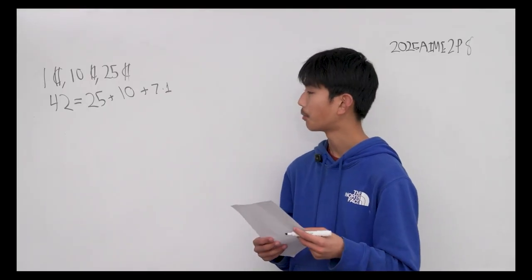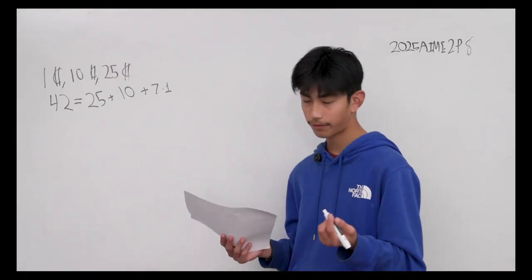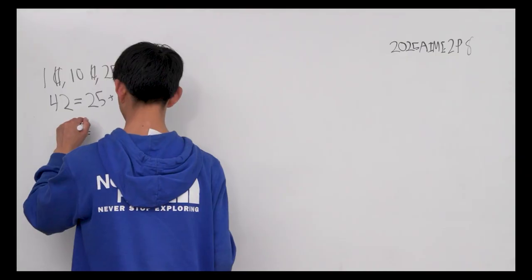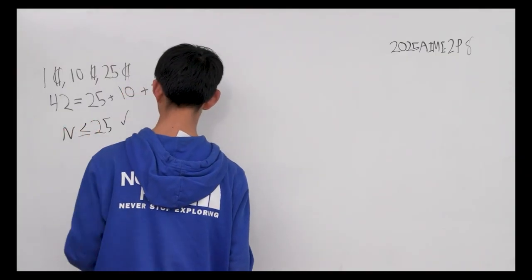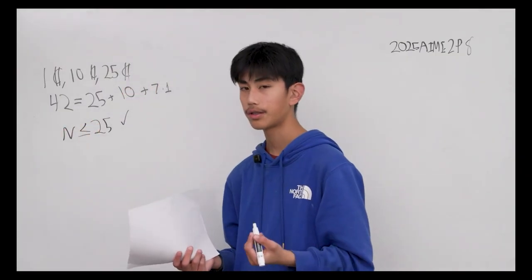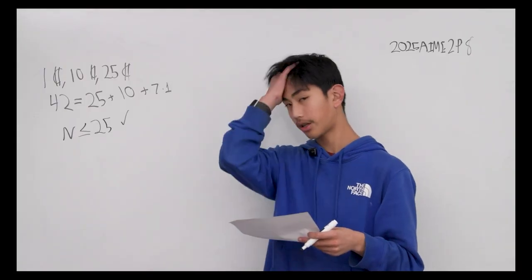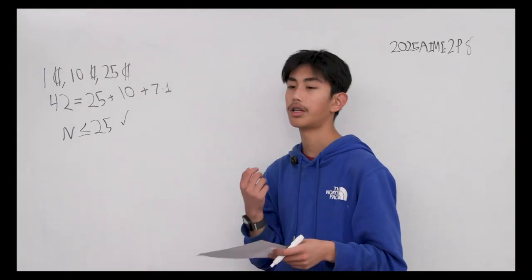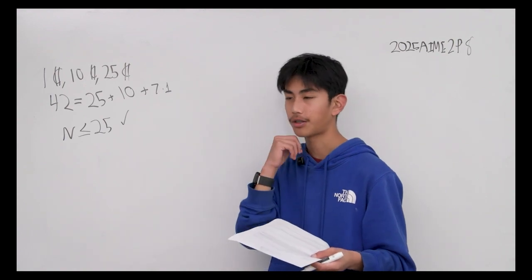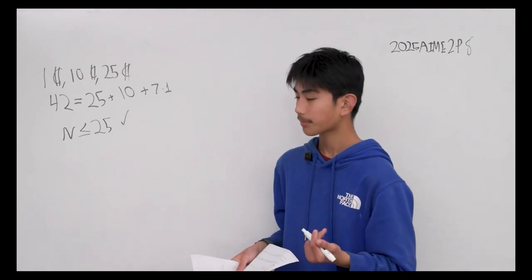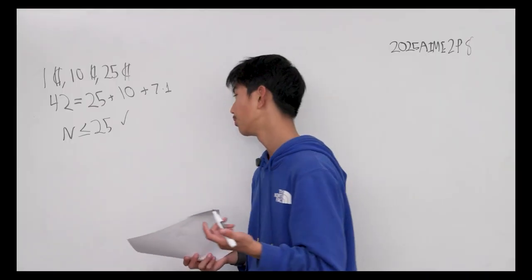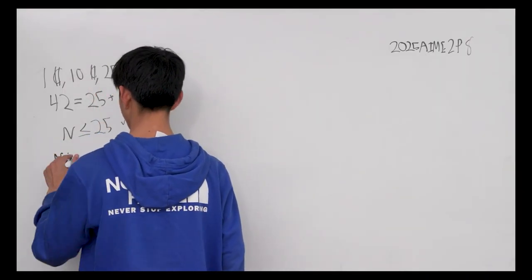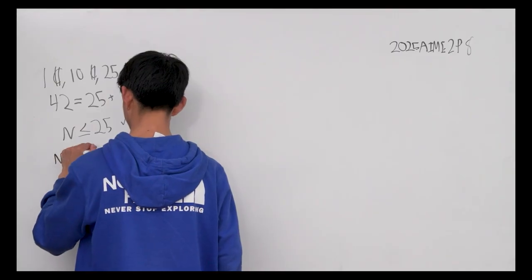So what we can do, we first note that if the sum n is less than or equal to 25, the greedy algorithm automatically succeeds. But then we can start considering ranges, right? Like 25 to 30, they obviously succeed. But you notice cracks starting to form at n is 30 to 34.